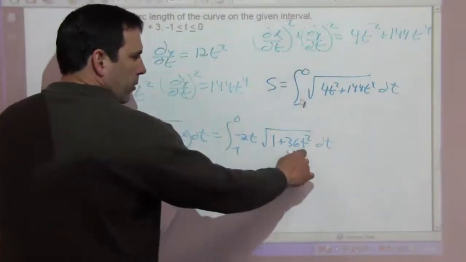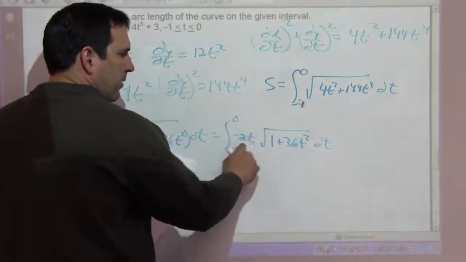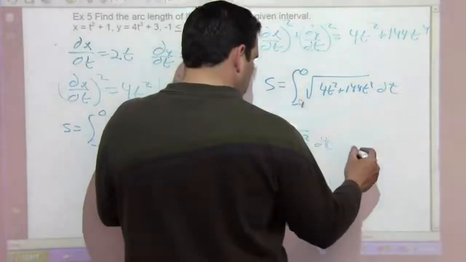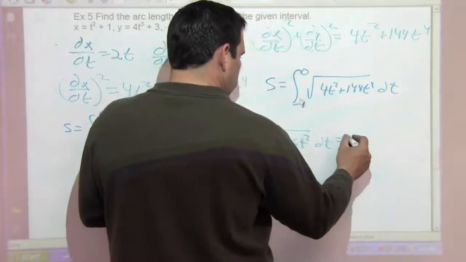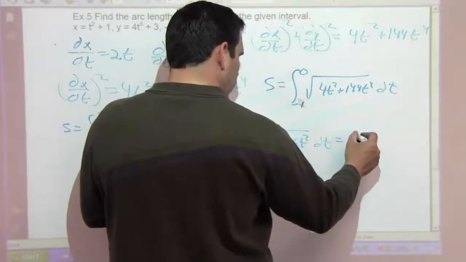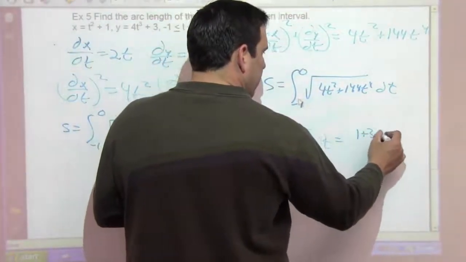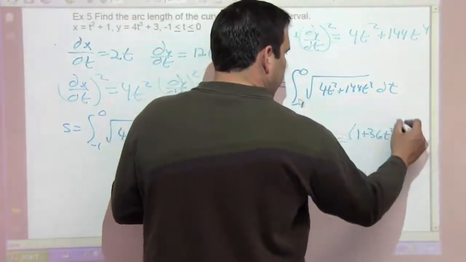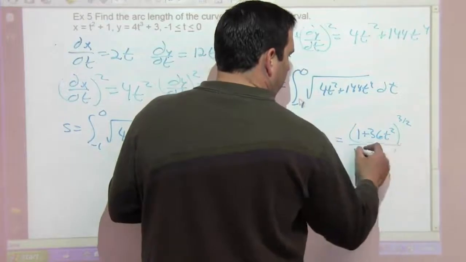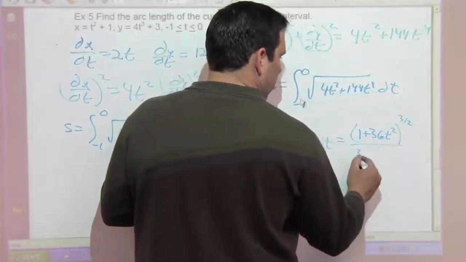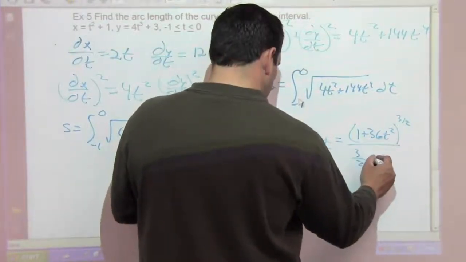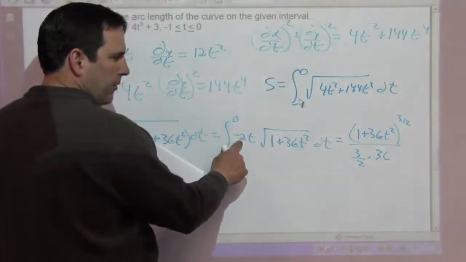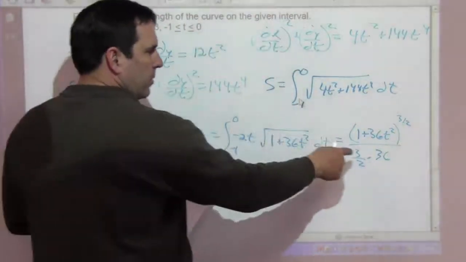So this could be your u, and your du would be 72t. So this becomes 1 plus 36t squared to the 3/2 power over 3/2 times 36. Why 36? Because if you divide by 72, 2 and 72 reduce to 36.